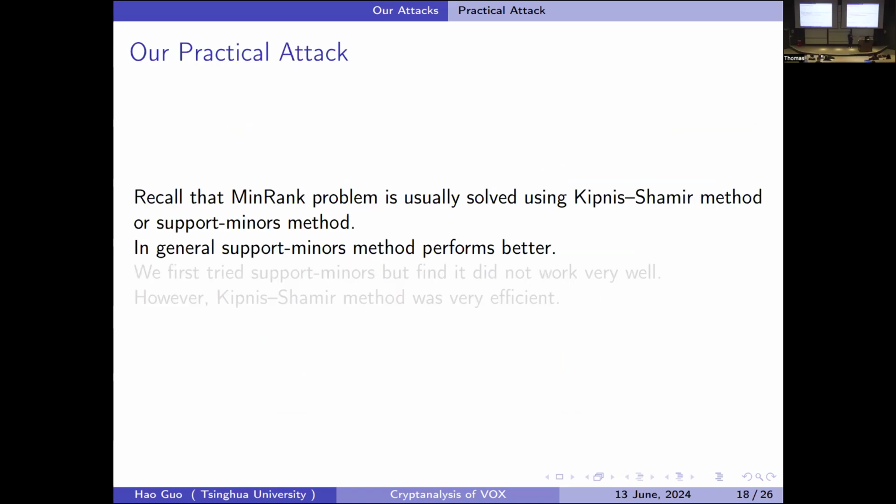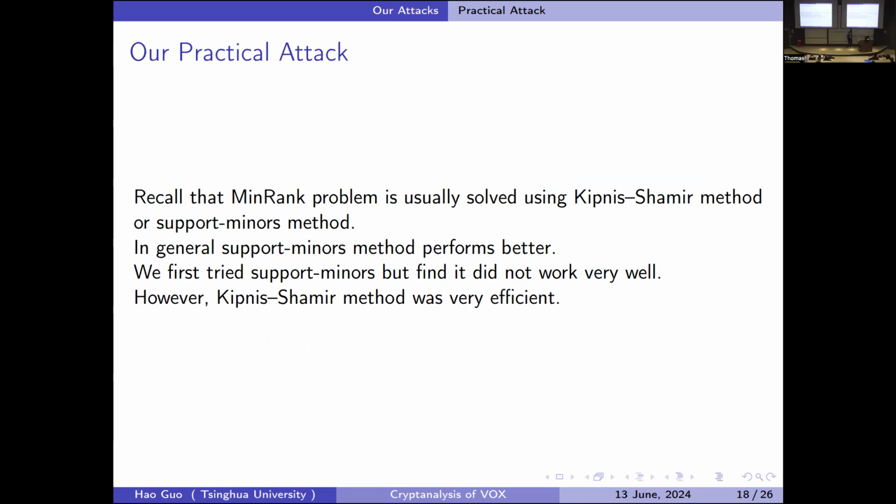So recall that we have two main methods to solve the MinRank problem. One is the Cryptanalysis method, and the other is the support minus method. In general, the support minus method has lower complexity estimations than the Cryptanalysis method.